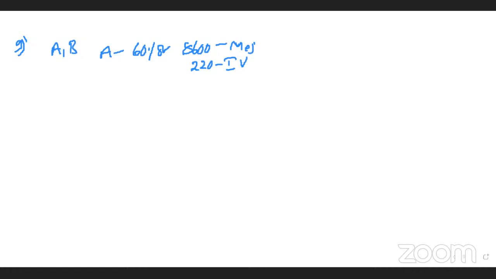Find the answer. Same model question, already I covered this type of question.